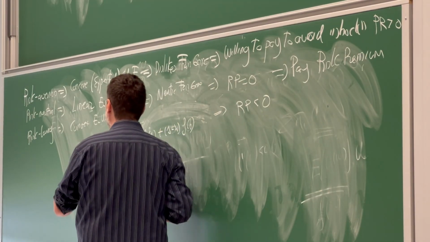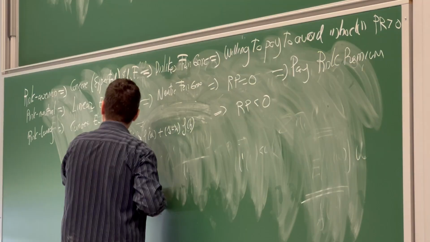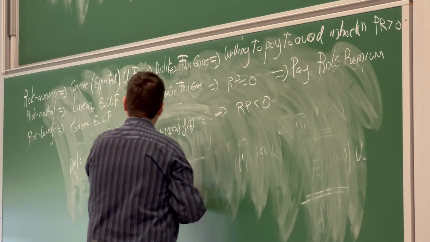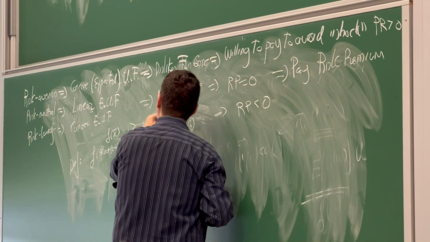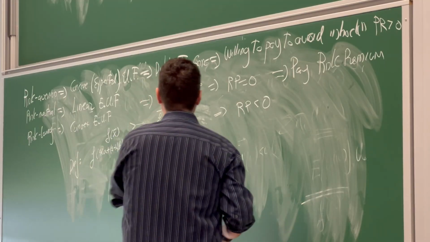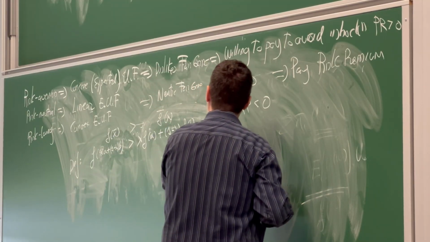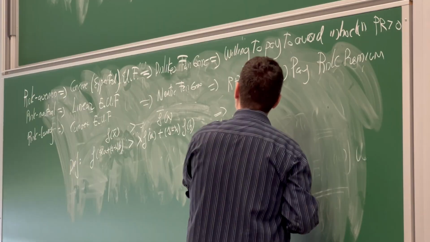Like I said, it's repeatable, right? F of the midpoint is greater than the average of f. This is called strict concavity.